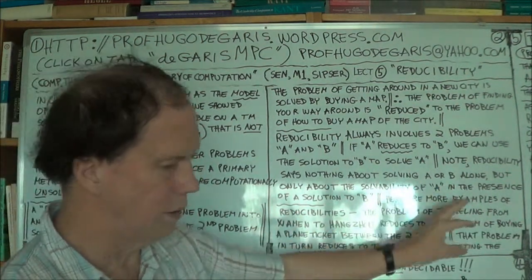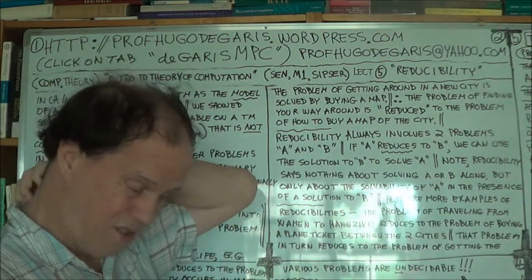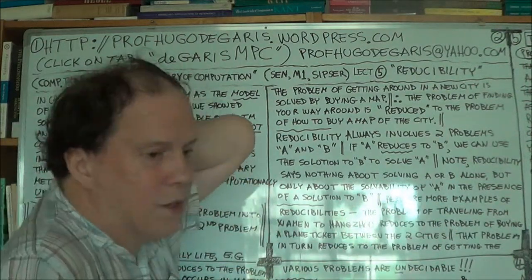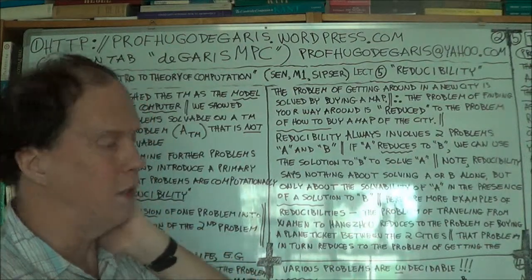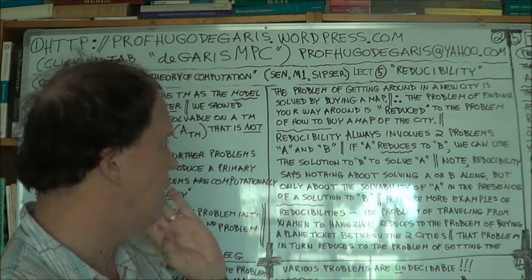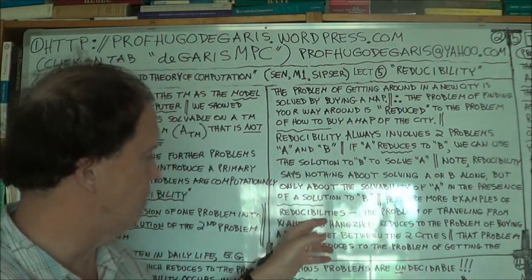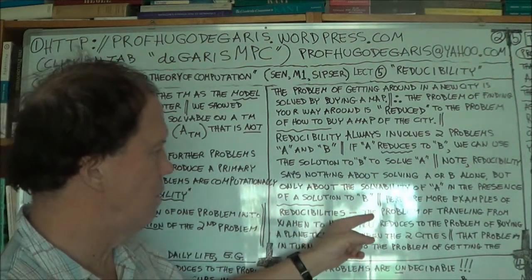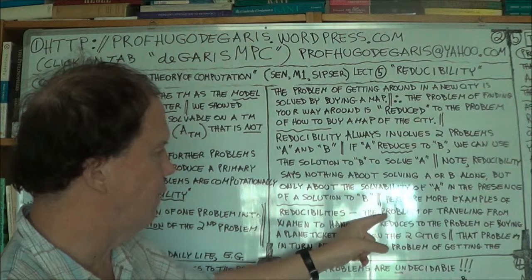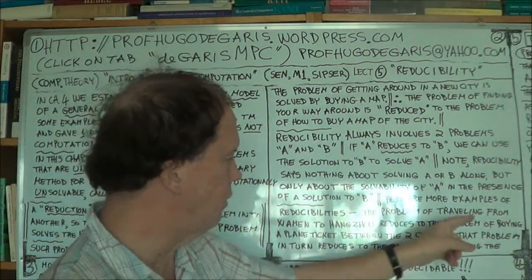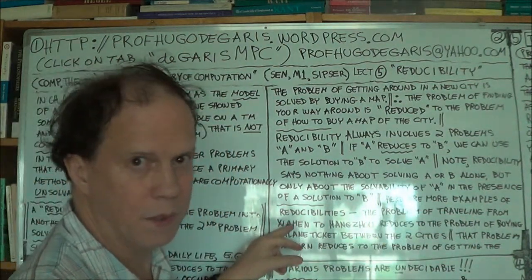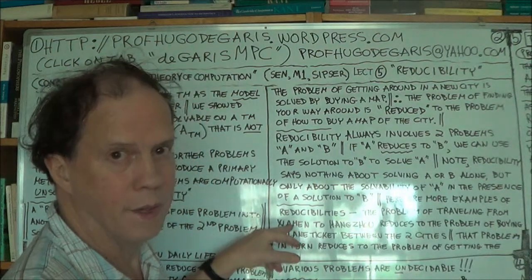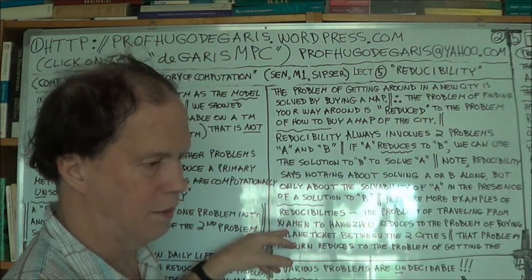Now a few more real life examples to make you familiar with the concept, although you probably got the broad idea now. So here are some more examples of reducibilities. Say you have the problem of how to travel from Xiamen, that's the city I live in, a southeast coastal city of China.